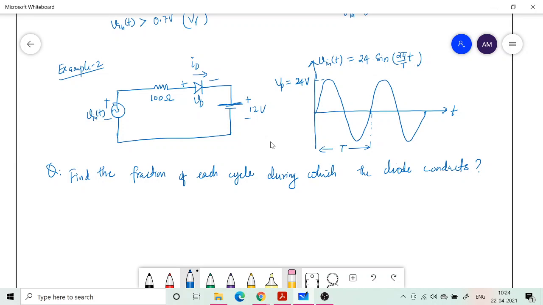The ideal diode approximation is okay because Vp is quite large compared to 0.7, so it doesn't much differ from the real operation of this circuit. But if Vp is not sufficiently large, say close to 2 volt, which is comparable to 0.7 volt, it would matter. If Vp is at least 10 times larger, you are safe to take the ideal diode operation, where we assume the diode is forward bias when Vd is 0 or above 0, and reverse bias and open circuit when Vd is less than 0.